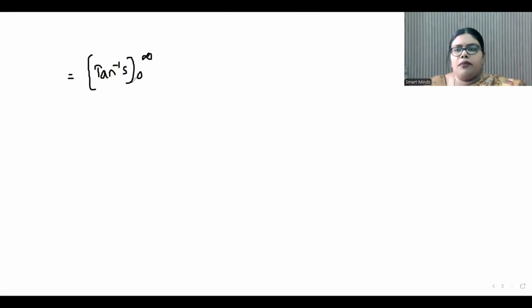What is integral 1 by s square plus 1? It is tan inverse s. After integration, we need to apply the limits. So that is tan inverse infinity minus tan inverse s. Here the limit is s to infinity.